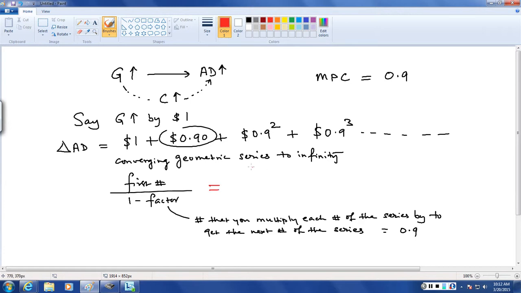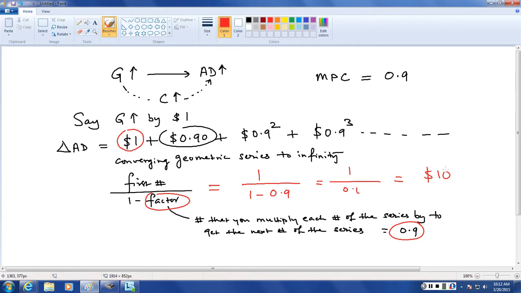It will give us 1, which is the first number of the series, divided by 1 minus, what's the factor of the series? The factor of the series is 0.9. 1 divided by 0.1, which is $10. So when you add up this geometric series to infinity, you get $10.